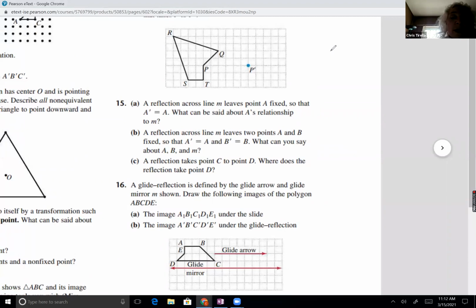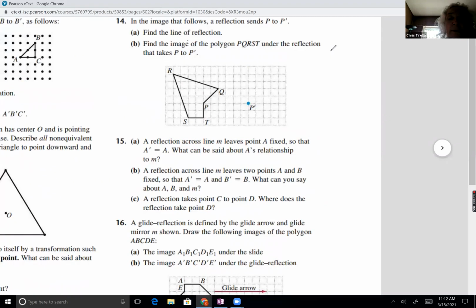15 says, A reflection across line M leaves point A fixed. So I've got this line reflection. And when I fold over my line, this will be my line M, there's a point that doesn't move. Well, didn't we say when we talked about line reflections that the points on the line do not move?